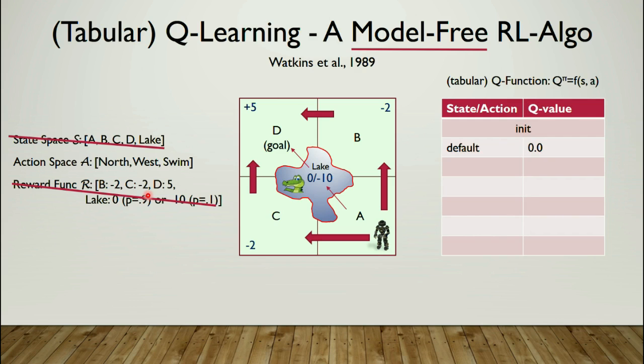Then the next thing that I want to talk about is that this is called a tabular algorithm. So we need a table. This is our table here, and the table represents our Q function. Now I need to explain what a Q function is. A Q function is not limited to Q-learning. It's a very broad and fundamental concept in reinforcement learning, so it's important that we understand now what it is.